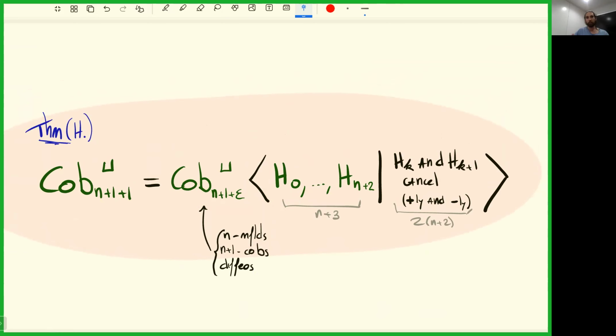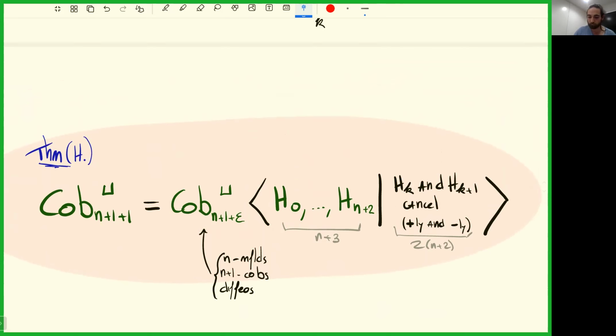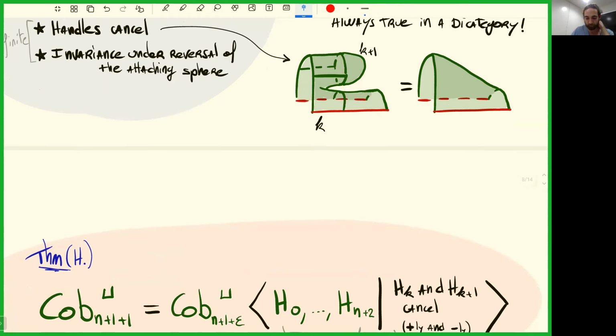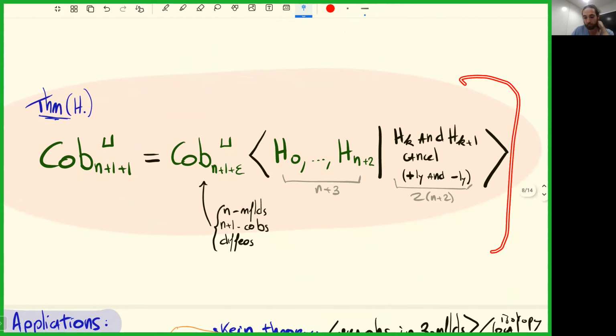Somehow with these handle constellations, there's only one k+1 handle that will cancel with a given k handle. You have a pairing and there's a unique co-pairing. This idea has been developed a lot by Kevin Walker and David Reutter.